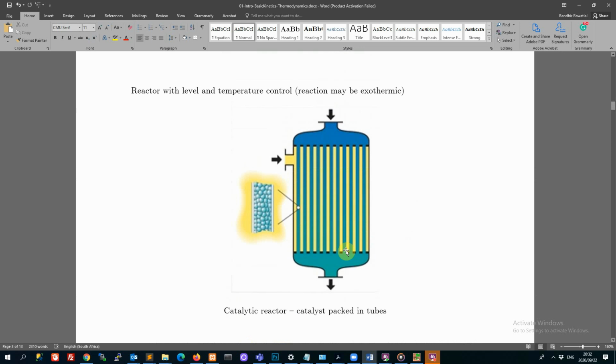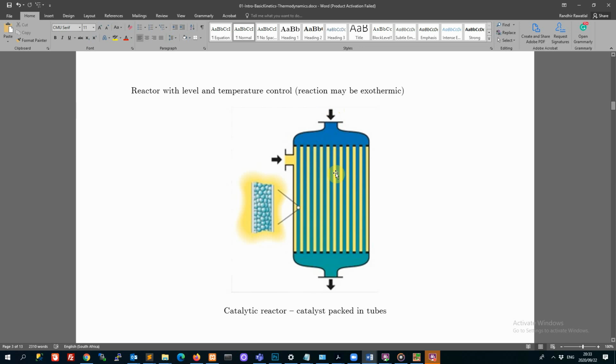Here's another one that shows us the internals, and this is one where we have a catalytic reactor. Like I mentioned before, temperature control is so important in our reactors that they look like heat exchangers. And if you look at this, you'll recognize this as a kind of shell and tube heat exchanger. So you might be sending in some cooling fluid here.